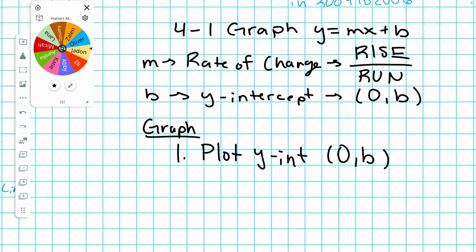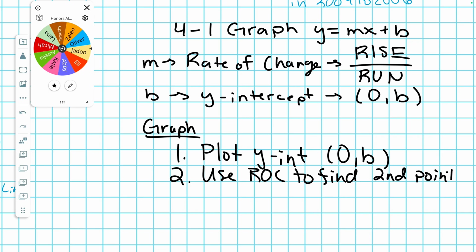Later on, we can use any point. And then 2, this is where we use the rate of change to find the second point. You only need 2 points for a linear function.